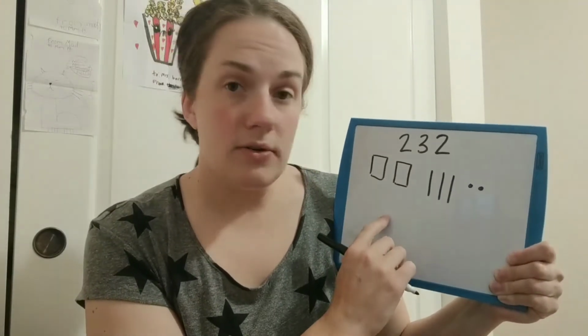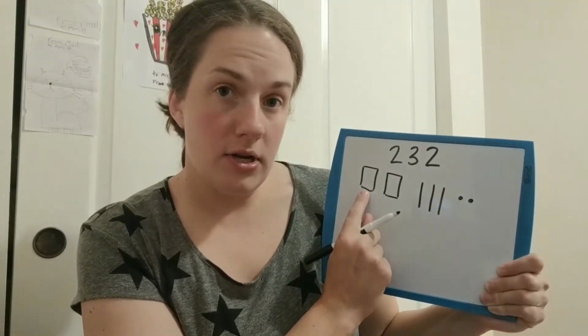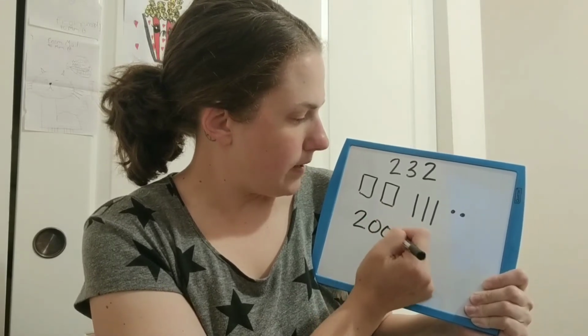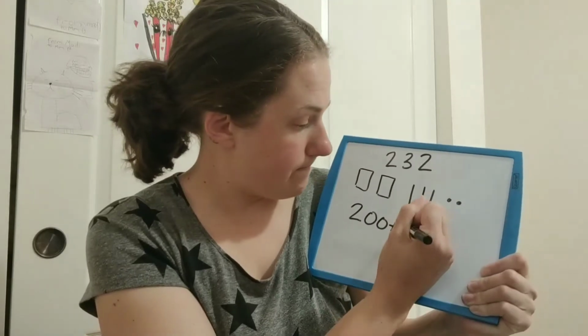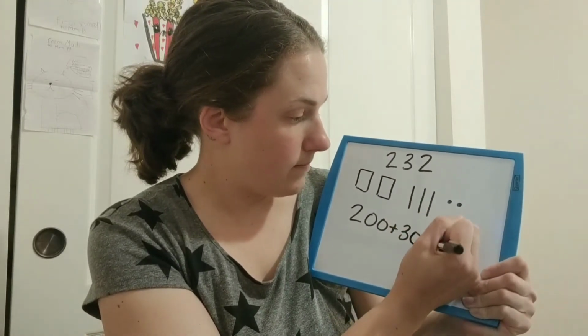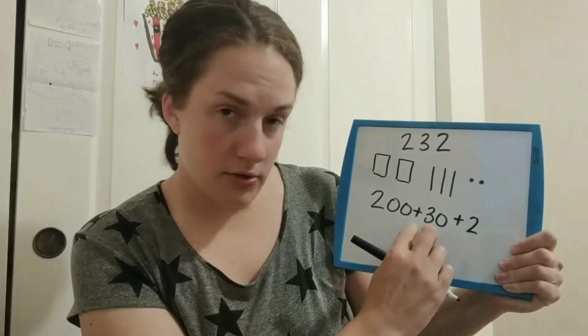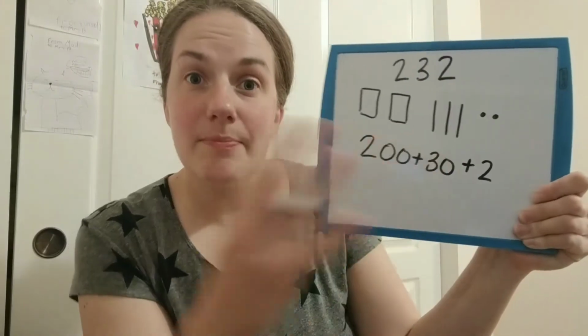Another thing I can do is write the value for each of these. So 100, 200. 10, 20, 30. 1, 2. 200, 30, 2. This is what we call the expanded form.